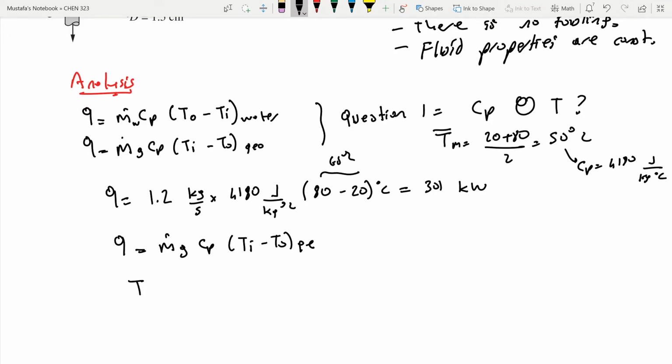So that means T out is equal to Q dot over m geo Cp, minus, plus T in.